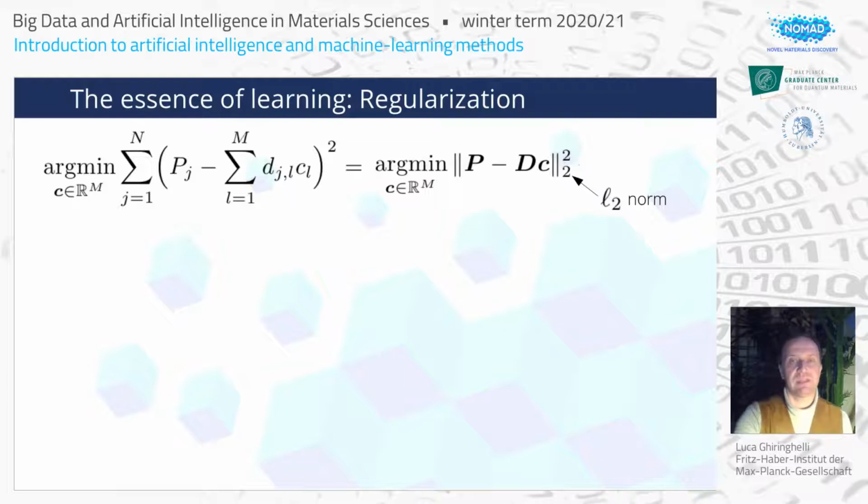So now let me start again from the linear model, and we have this minimization where this is the property projected over the data points or materials, and this is the matrix of the descriptor, and these are the unknown coefficients that are learned by minimizing this expression here, that is again the mean square error.